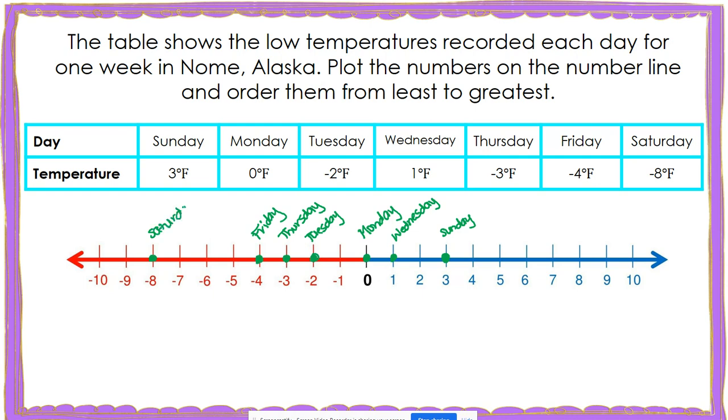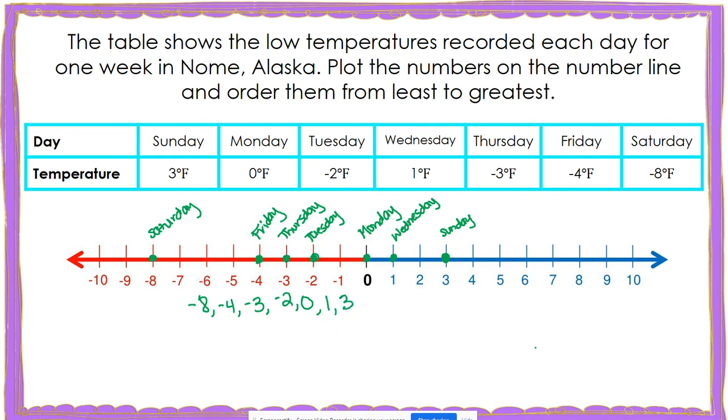Now I'm supposed to order these temperatures from least to greatest, which means I would read them from left to right on my number line. So my least value here is -8, and then if I continue to the right, my next value is -4, followed by -3, then -2, and then I have a point at 0, another point at 1, and my final point at 3.